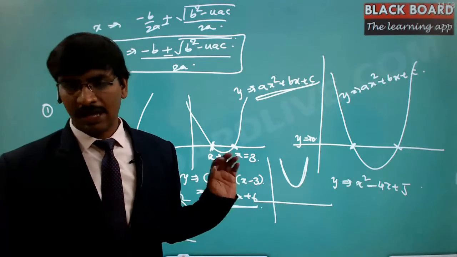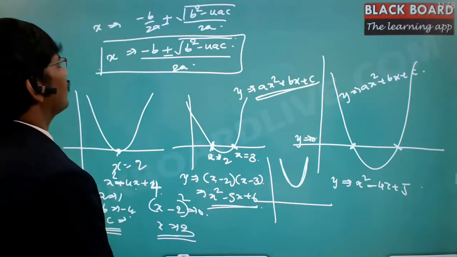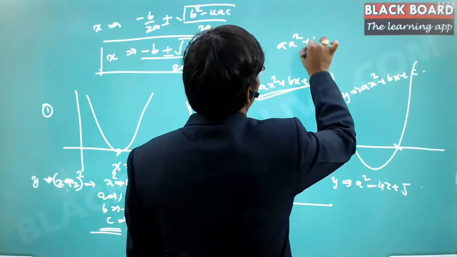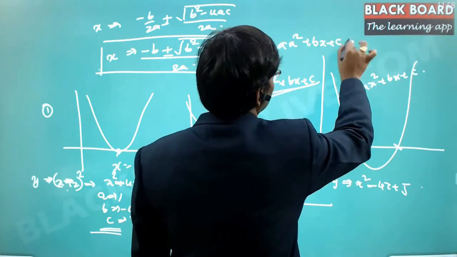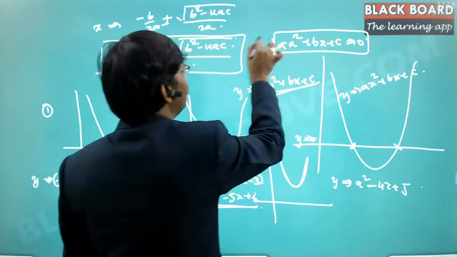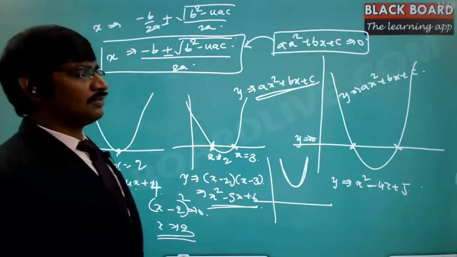Now, as a standard formula, for the quadratic equation we have generalized that ax square plus bx plus c equal to 0, and we generally state that this itself has the solution.